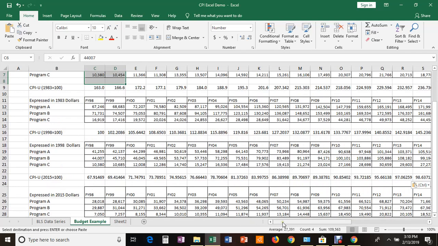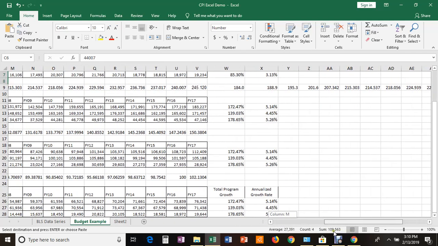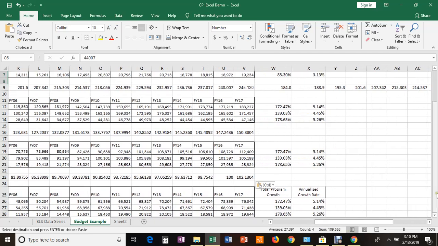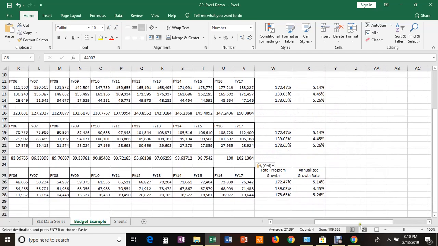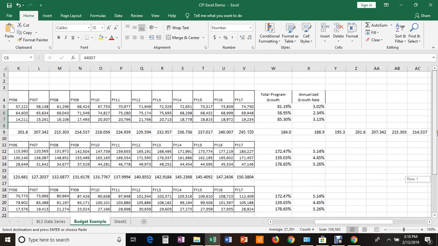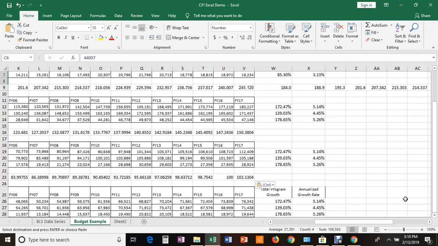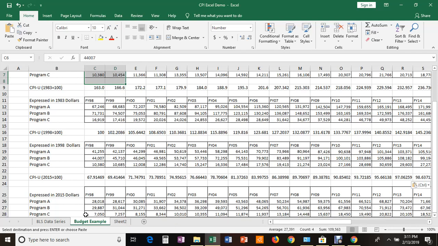So what does this tell me? What this tells me is in 2015 dollars, my program that I nominally spent 74,000 on in FY17 in 2015 dollars is 76,000, but in 1998 it was 28,000.